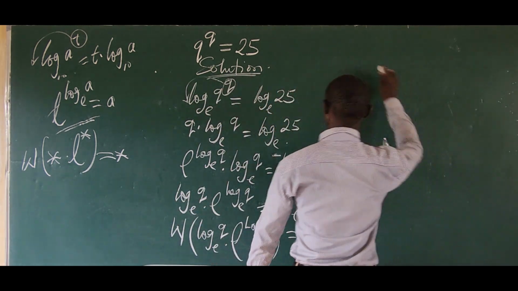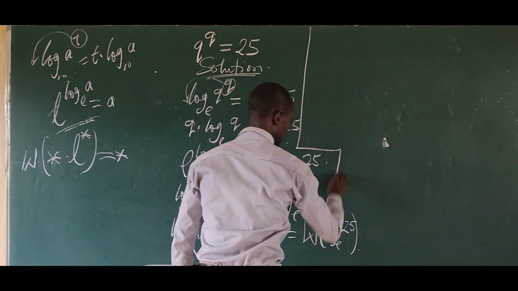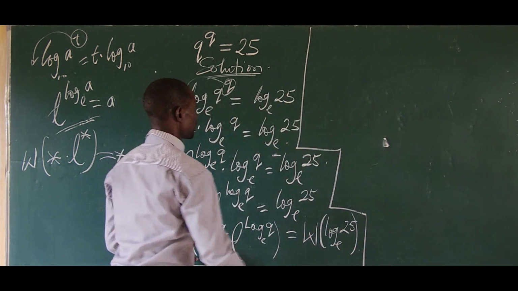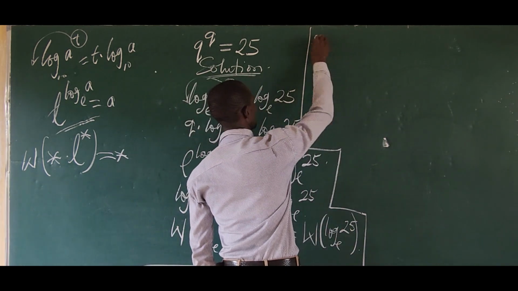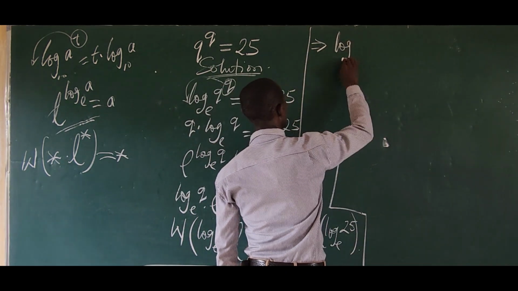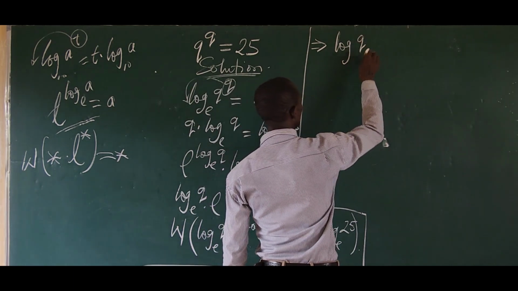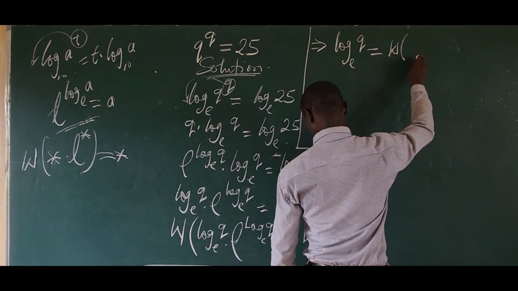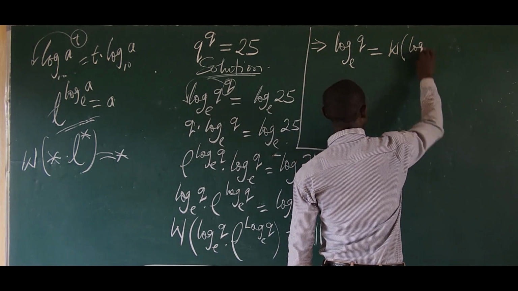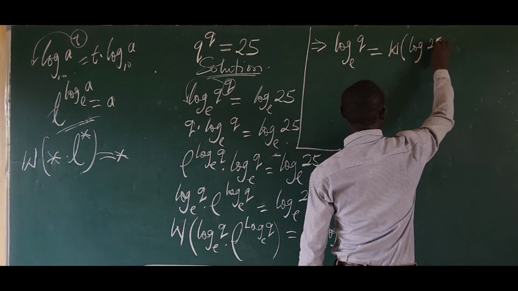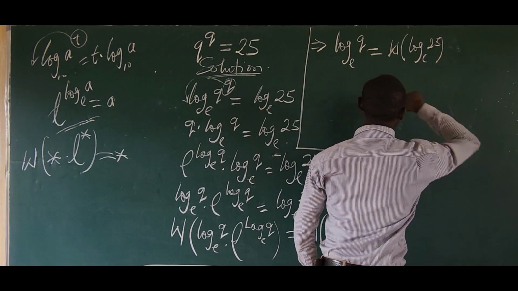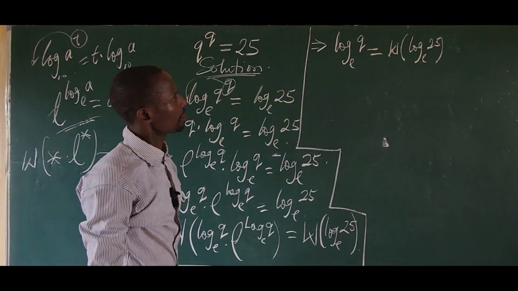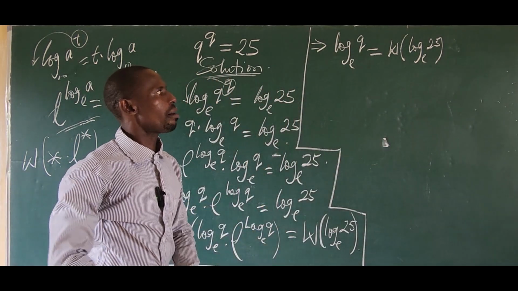So this implies that log q base e will now be equal to the Lambert W function of log 25 base e. All right, so we're looking for our q.